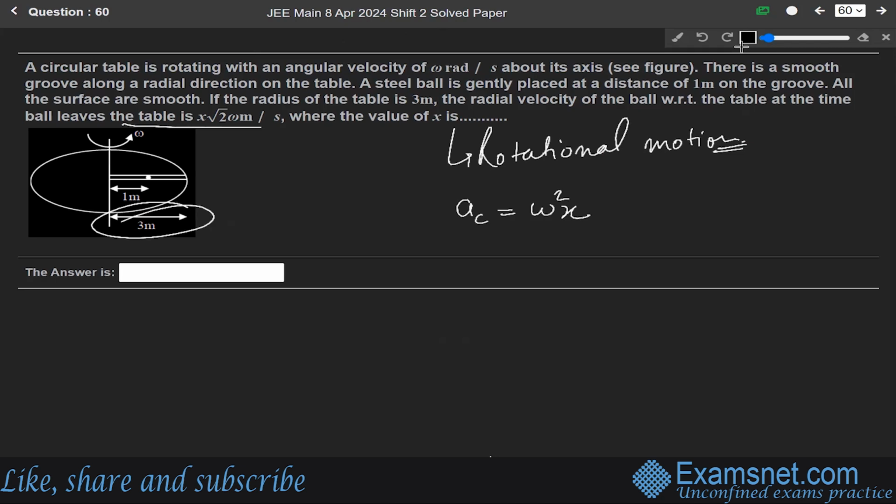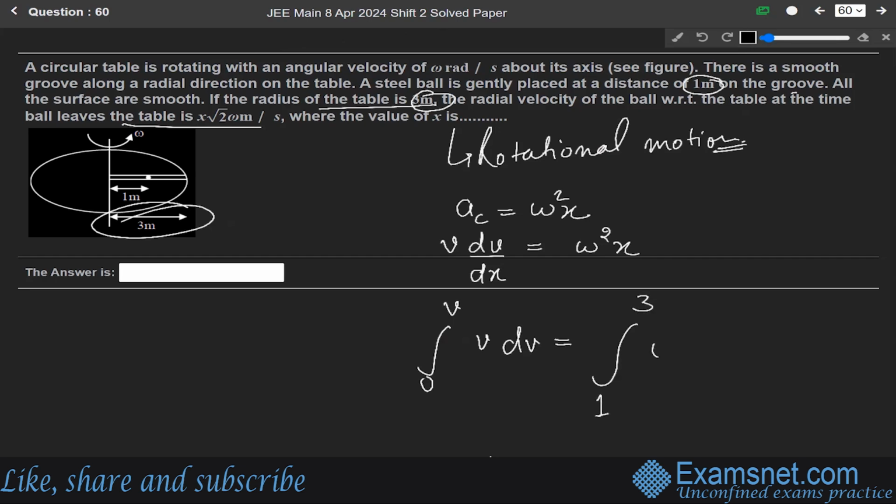Since a is the acceleration, we can write it as v dv over dx equals omega square x. Now integrating it, 0 to v of v dv, and since the steel ball is gently placed at a distance of 1 meter and the radius is 3 meters, we take the limit from 1 meter to 3 meter of omega square x dx.